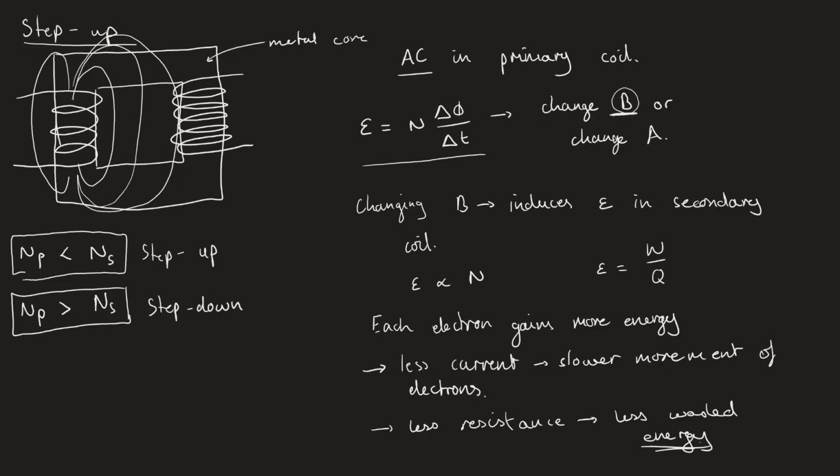The step-down transformer will do the same thing, except now you're trying to decrease the potential, and the purpose of a step-down transformer is less to conserve energy and more to just prevent your household appliances from blowing up. Okay, each of your household appliances has a certain power rating, has a certain amount of current or potential that it can hold, and these step-up transformers can take it up to potentials of a few kilovolts or maybe more.